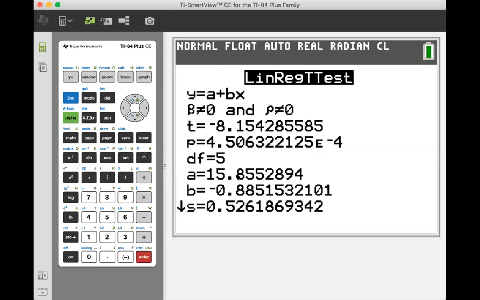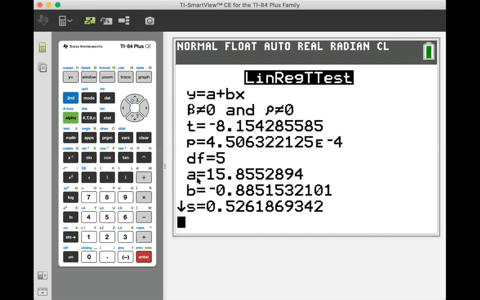Okay, so it appears that we're going to reject H0 because that's less than 0.05, which was, oh no, actually we're using 0.01. It's less than 0.01, therefore we're going to reject H0 and say that there is significant linear correlation.